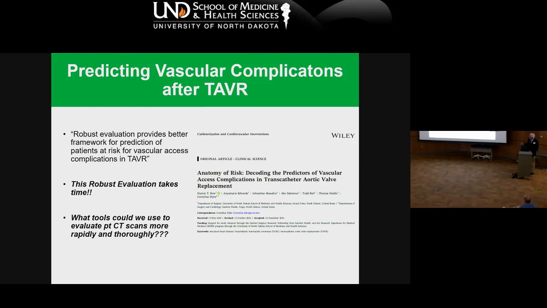What we did resulted in, I think, a nice paper published last year where we basically defined vascular risk factors that predicted or determined peripheral vascular complications. We concluded that a robust evaluation provided a better framework than just looking at it and subjectively saying, oh, gee, that looks tortuous, or there's calcium there, or that might be a difficult one.